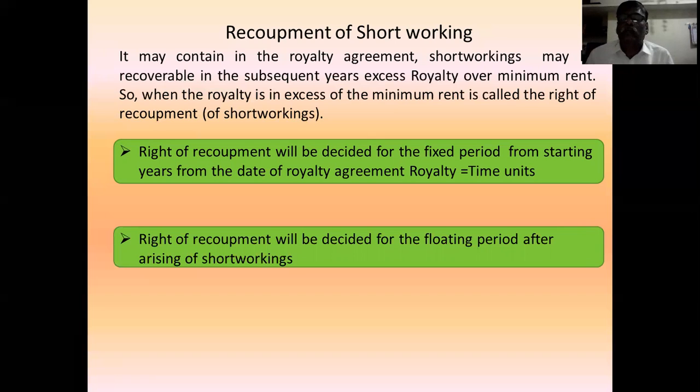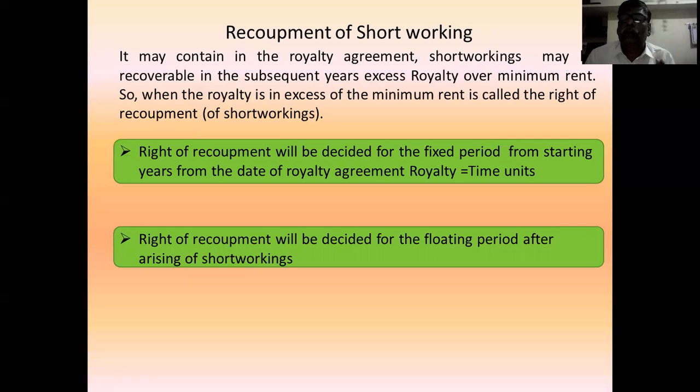Regarding these two, you remember only 2 points. One is the word first. They use first: first 2 years, first 3 years, first 5 years, first 4 years. Like this, they make the agreement.